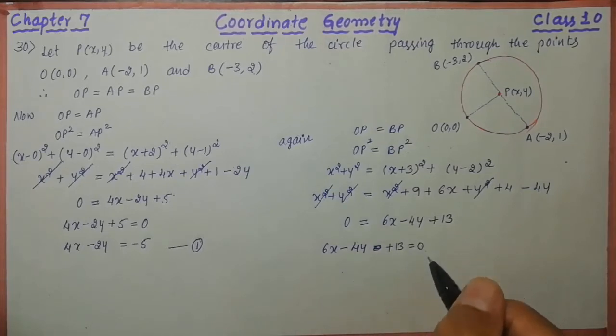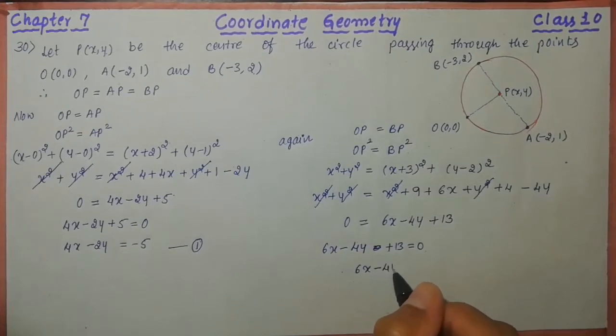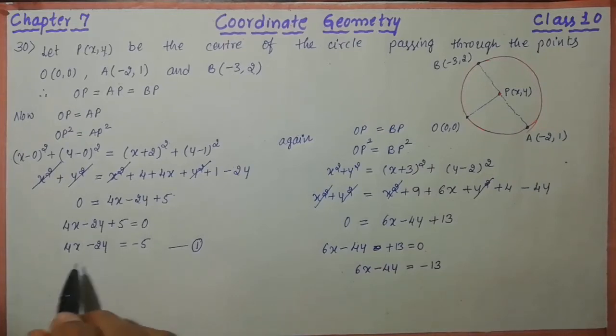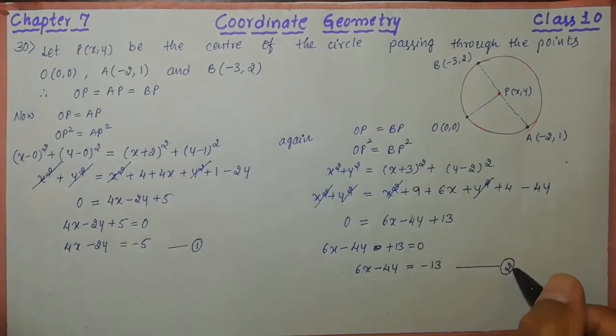Okay, just I have reversed, and in the next step I'm going to write like this, 6x minus 4y is equal to minus 13. Okay, so my intention is I'm going to separate the variables on LHS and the constant term on the right side. Here also the same thing, and I'm going to put this one as equation number 2.